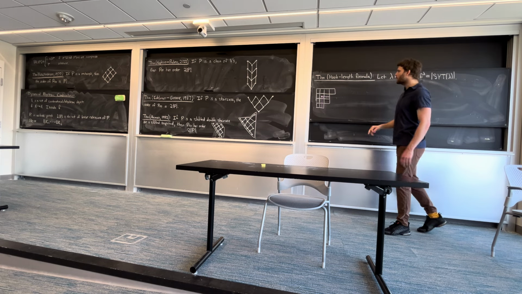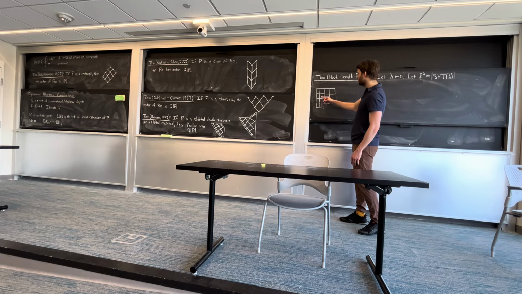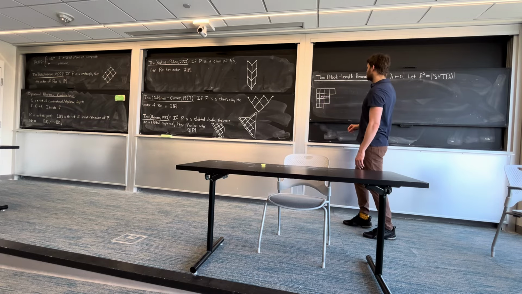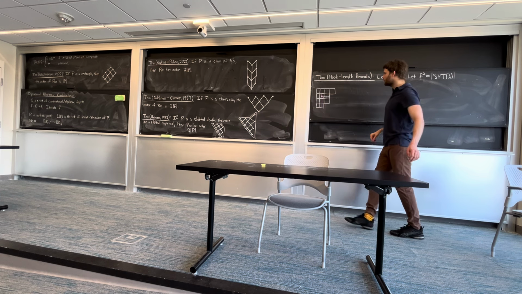The hook length of this box is just the number of boxes that intersect these rays, which in this case is 4. And we could fill in the hook lengths of all the other boxes.